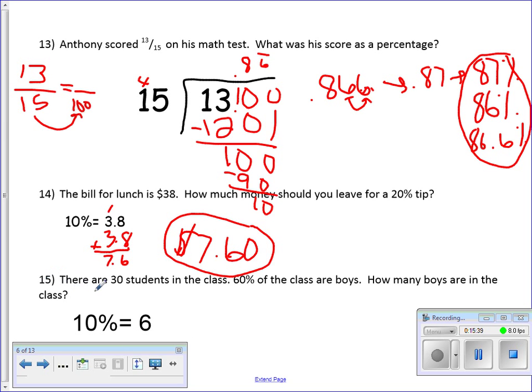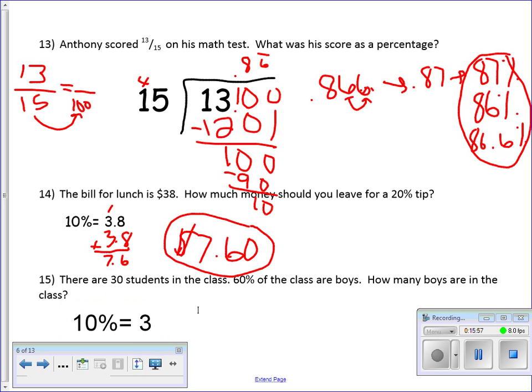Number 15, there's 30 students in the class and 60% of the class are boys. How many boys are in the class? I used my 10% trick. 10% of 30 is 3.